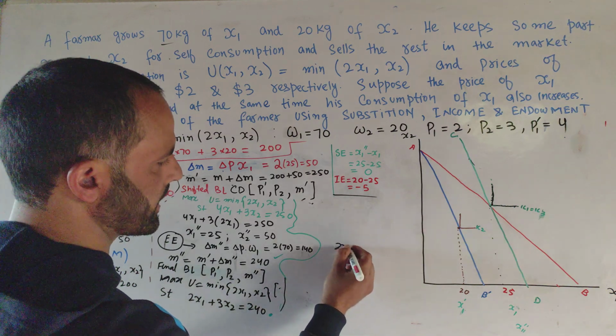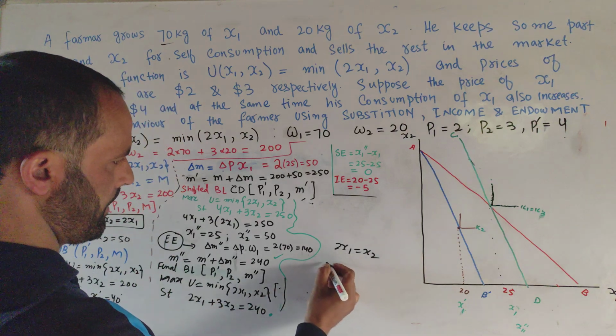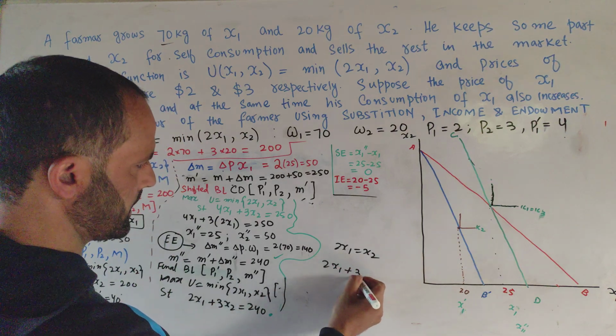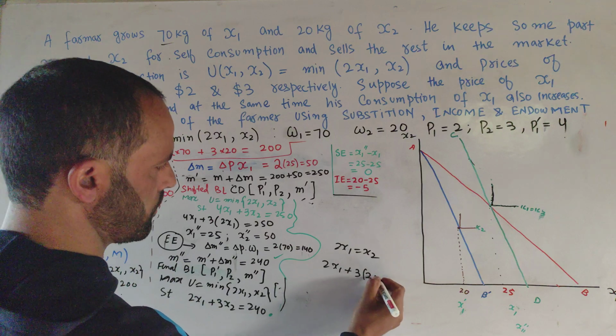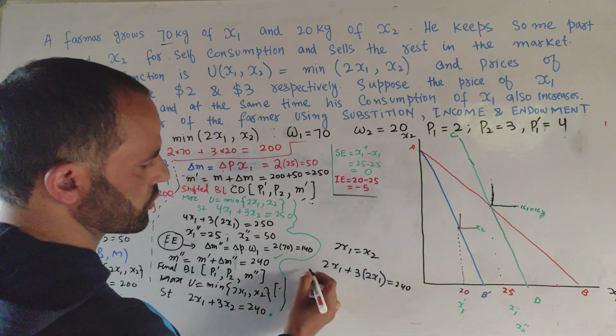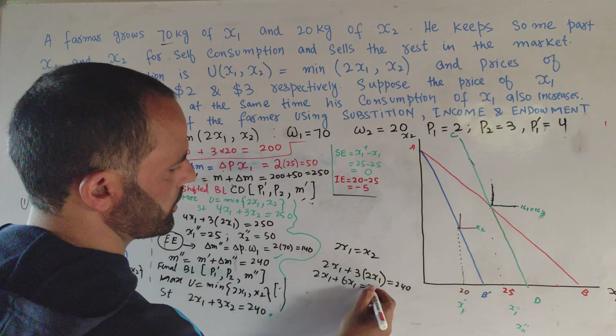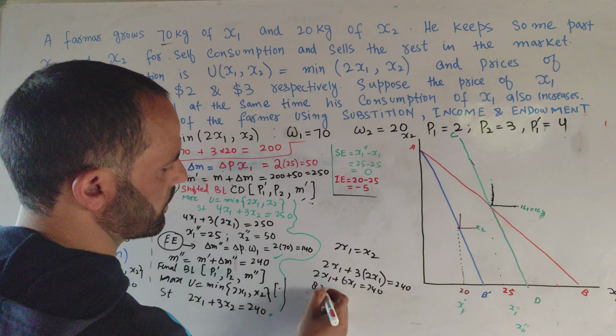So we equate 2x1 is equal to x2, plug value here. So we will get 2x1 plus 3 in place of x2. We have 2x1 is equal to 240.